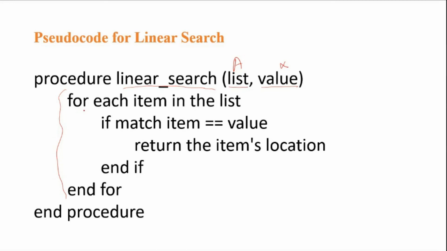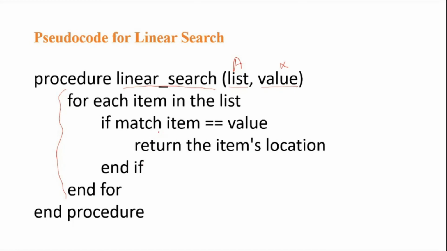And then for each item in the list, what we do is if the item equals the value, that is if the item is matched with respect to the value, then return the item's location, end if.